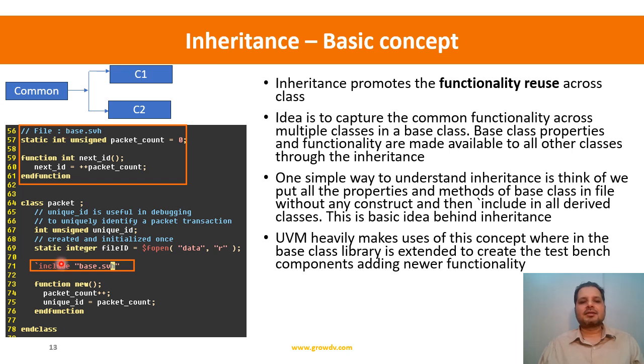So we have two files, and in the second file I am doing a `include of base.svh, and when I do that, literally this content is copy pasted over here. Now I can have another class C2 which is in another file, and I can do `include over there. So this way I am able to accomplish that I have some common code that I am able to reuse across multiple classes, and that is the concept of inheritance.